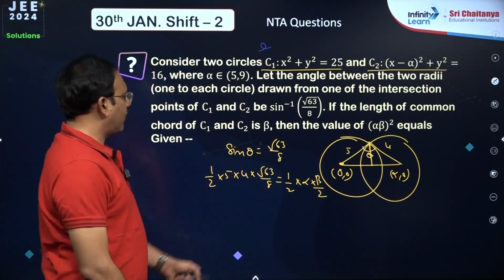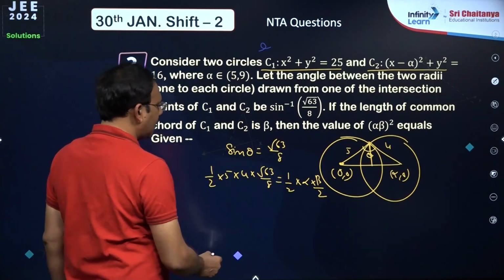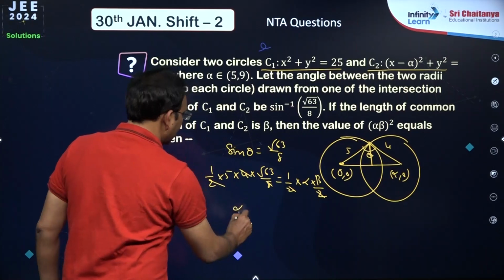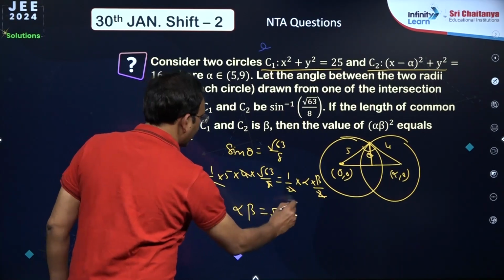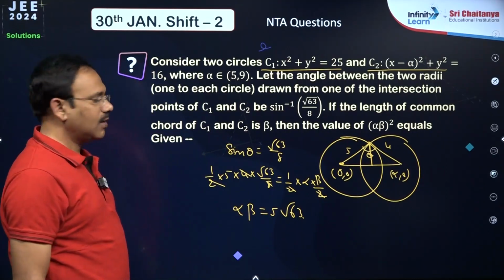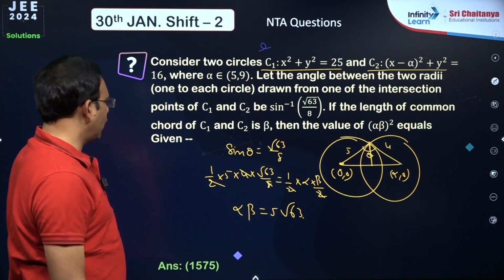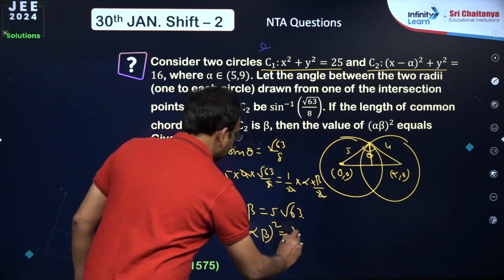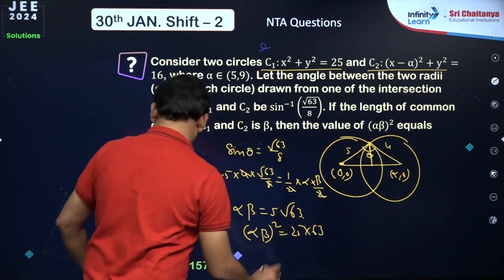From this equation it's very clear that 2 times 4 got cancelled, and you will get alpha beta value to be 5 root 63. We just want alpha beta whole square, that is 25 into 63. Alpha beta whole square is going to be 25 into 63, dear friends.